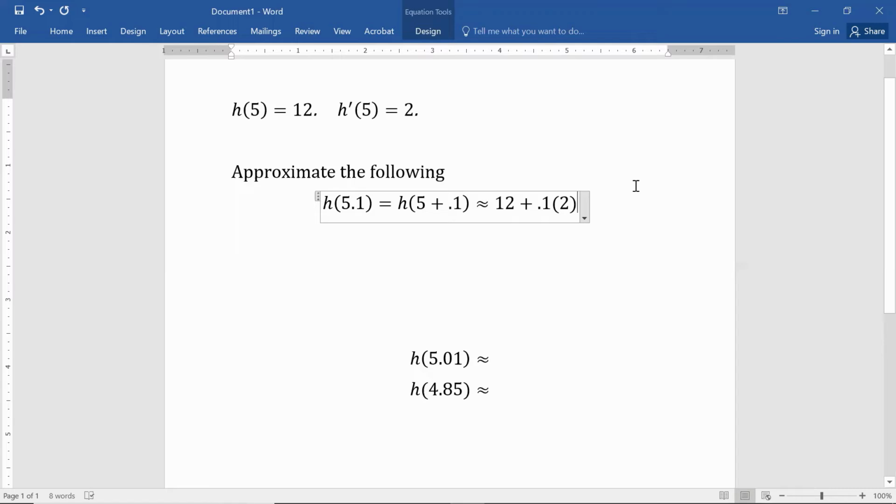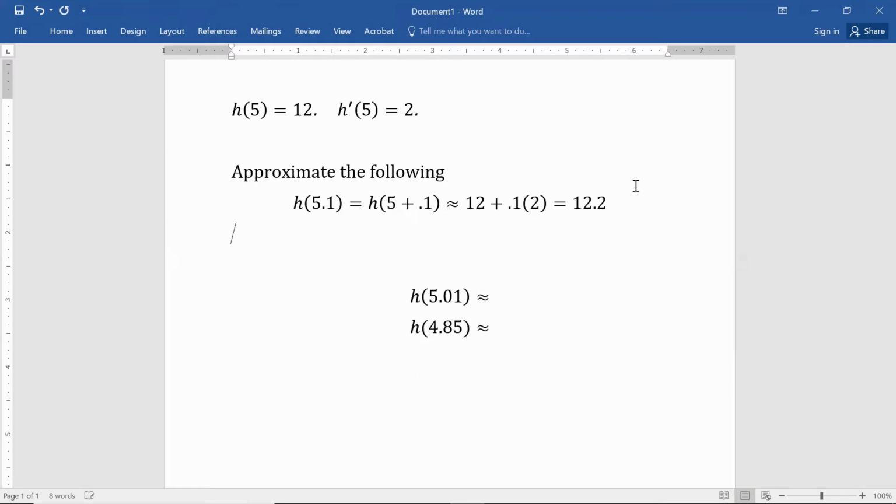And so a good approximation at an x value of 5.1 would be 12.2. Now we can do this for any value. So 5.01, we can say, well, we're going to start at h of 5 and add on 0.01 multiplied times the derivative of h at 5.